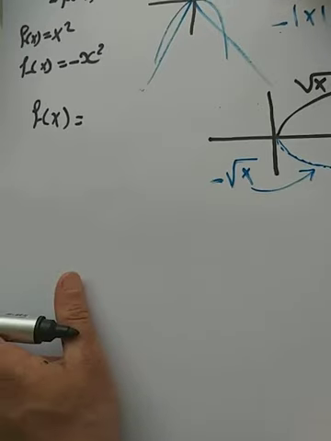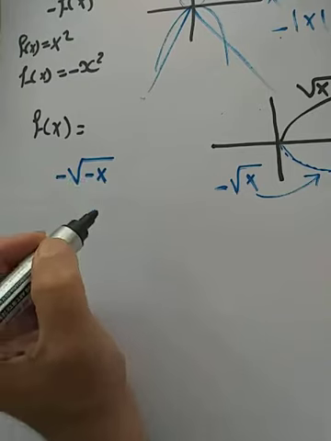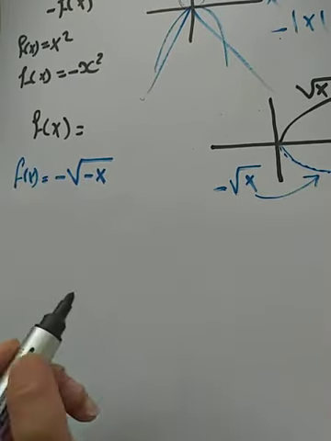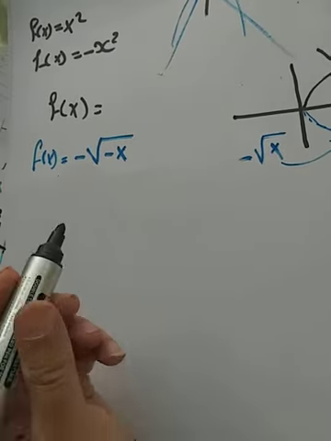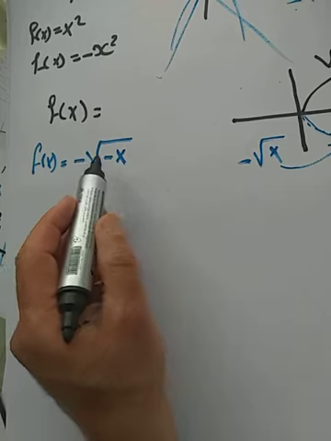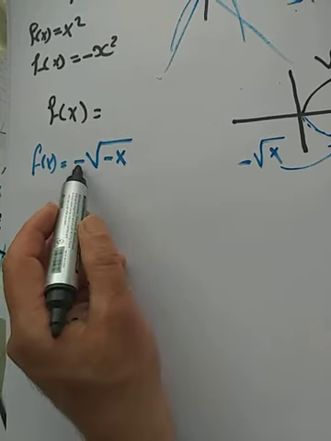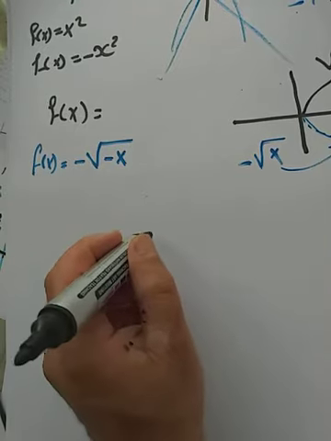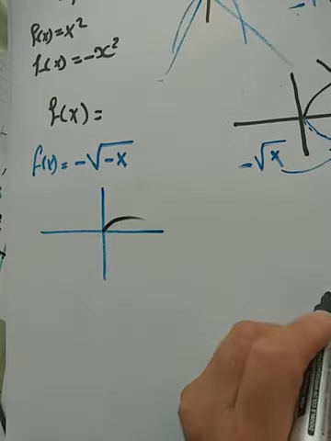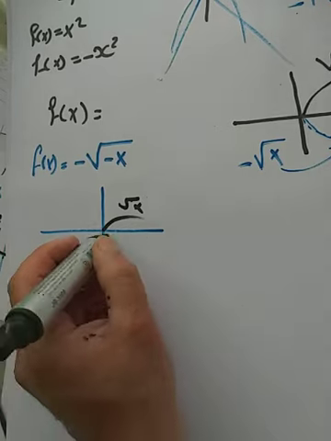Now, can you describe this graph? You have reflect about the x-axis and reflect about the y-axis. Reflect about the x-axis of the graph of this radical. This is radical x. And this is minus radical x.